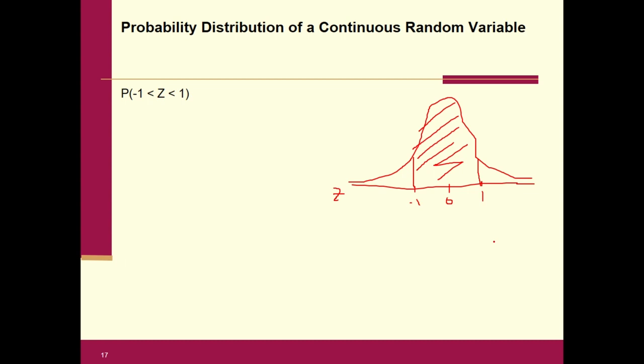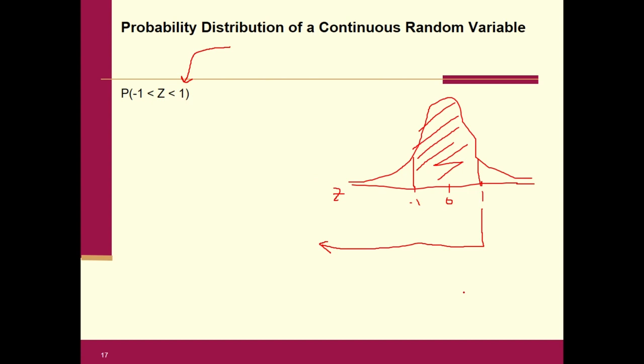I would always look up the number to the right first, doesn't matter what it is, and look up that probability. What would that mean graphically? It means we just looked up the area from 1 all the way over to negative infinity.